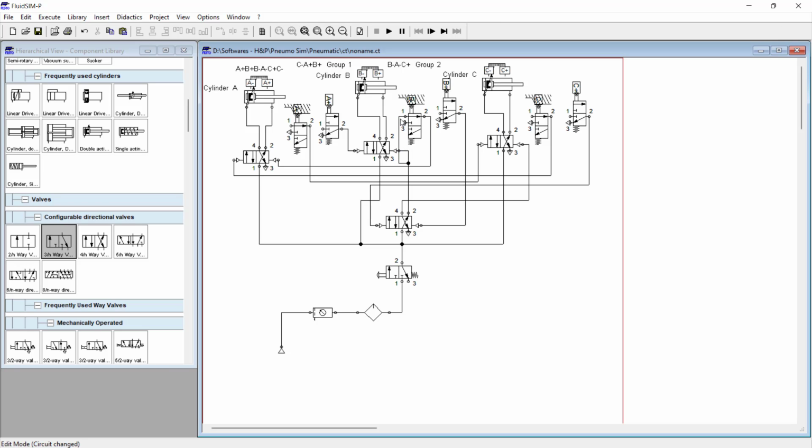Then A minus receives power from power line 2, and then C plus receives power from power line 2.